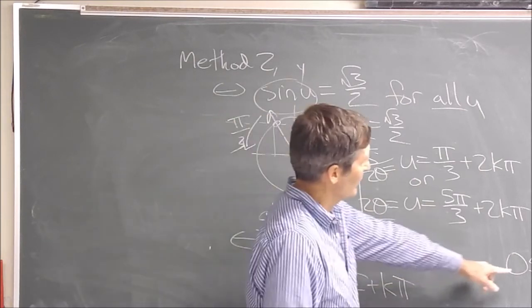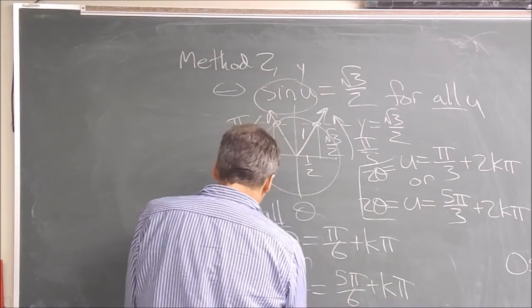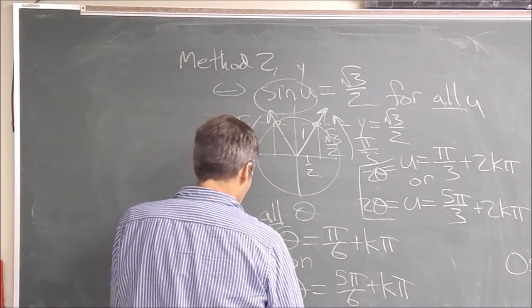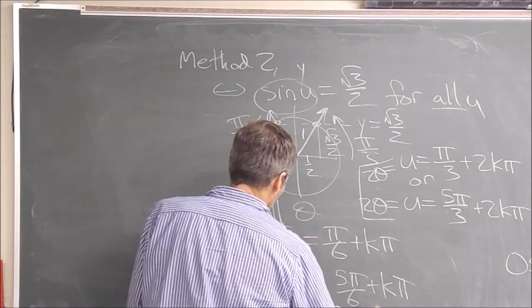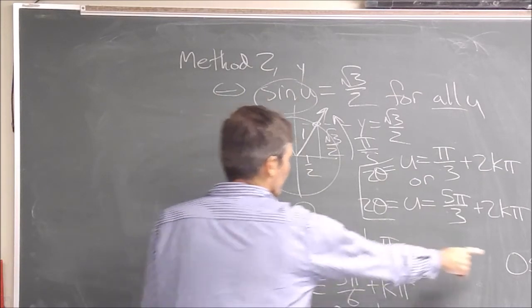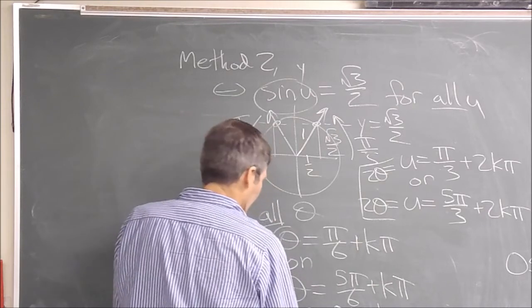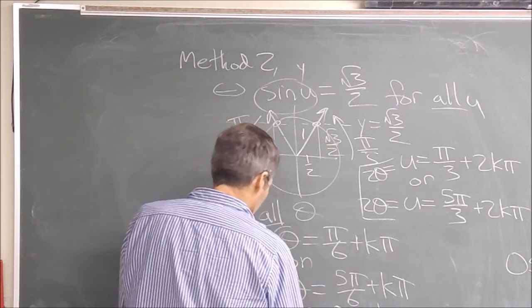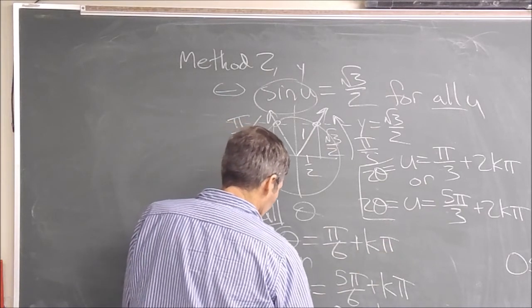But we want to now restrict theta between 0 and 2 pi right at the bitter end. So you try small values of k, 0, 1, 2, minus 1, those kinds of things close to 0, until you get bigger than 2 pi or smaller than 0, and then you say, oh, those are out. So I'll try k equals 0 in the first equation, I get theta equals pi over 6 plus 0. That's between 0 and 2 pi.